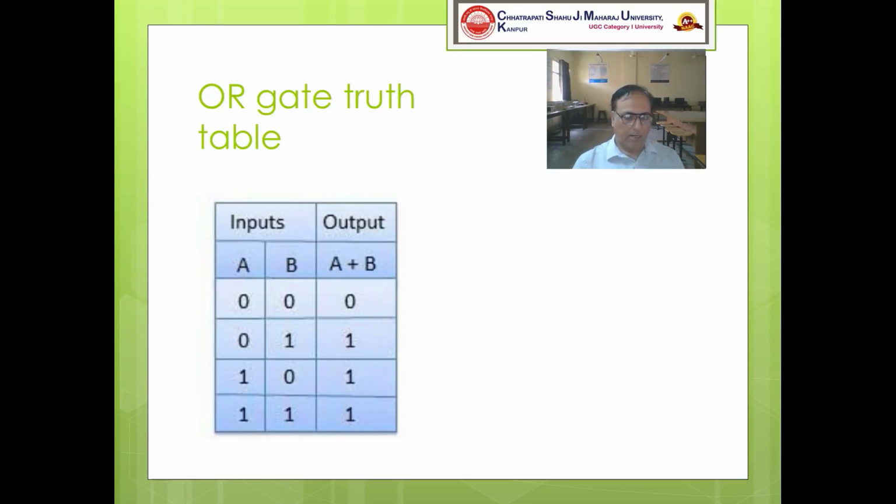Second, in which A is 0, B is 1, the output will be 0 plus 1, which is 1. The third row of the table is A is 1, B is 0, the output will be A plus B equals 1. And last, 1 plus 1 is equal to 1, so we will take the output as 1. So this is the truth table for the two input OR gate.